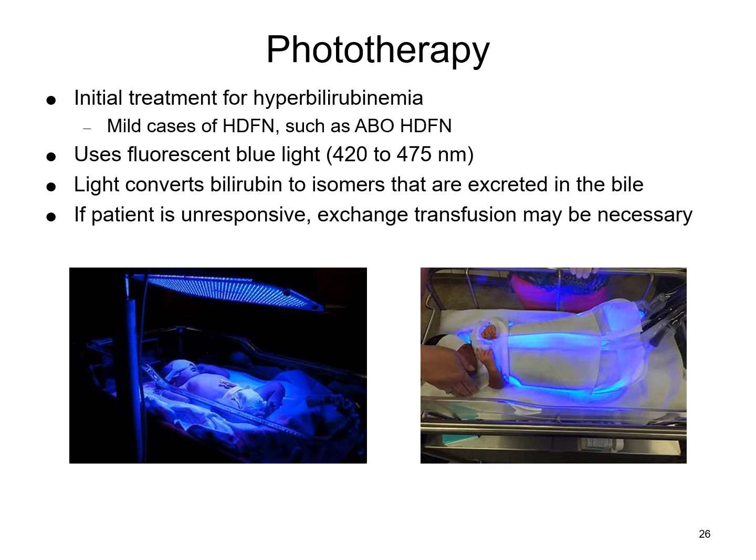They use that fluorescent light, that blue light, that will help to break down that bilirubin because that light will convert it. That helps it to be excreted in the bile. So it's going to aid that liver where that liver is not mature enough yet to do that process. If the infant is unresponsive to this therapy, if those levels still continue to go up, then an exchange transfusion may be necessary.